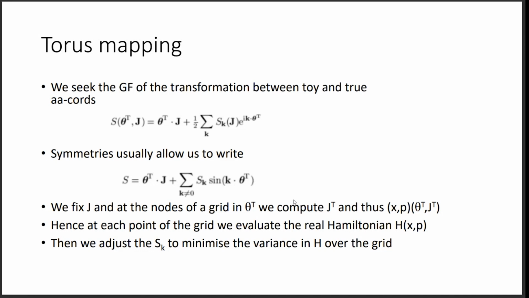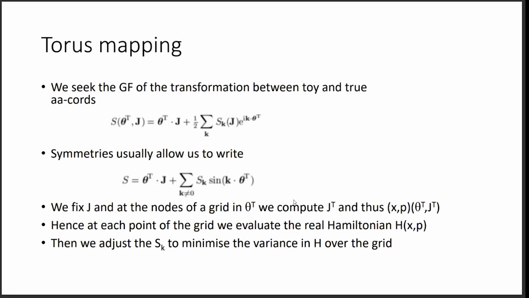So what do we do now? We fix J. We say to ourselves, I would like to generate the torus with actions J in my galaxy potential. So we fix on J, we specify it. And then on the nodes of a grid in theta toy, you compute J toy just by doing the differential of this, right?